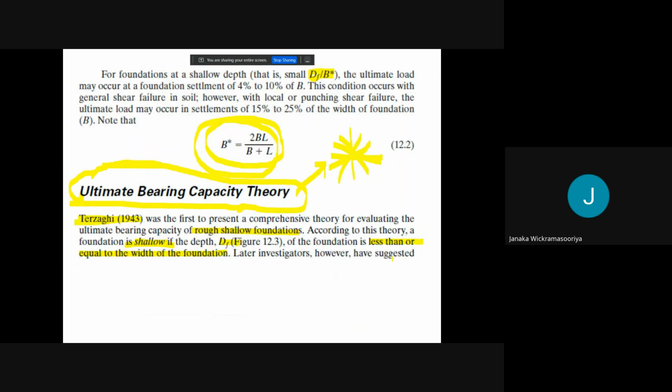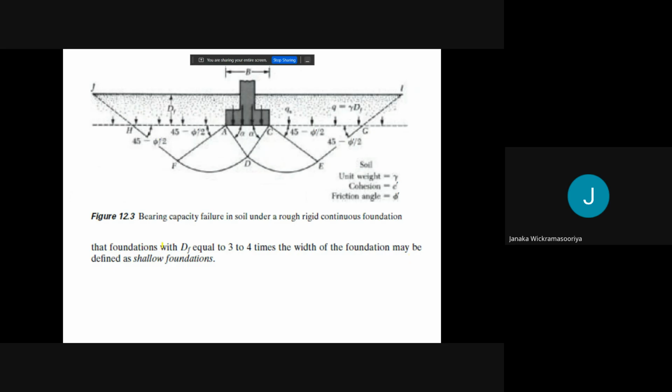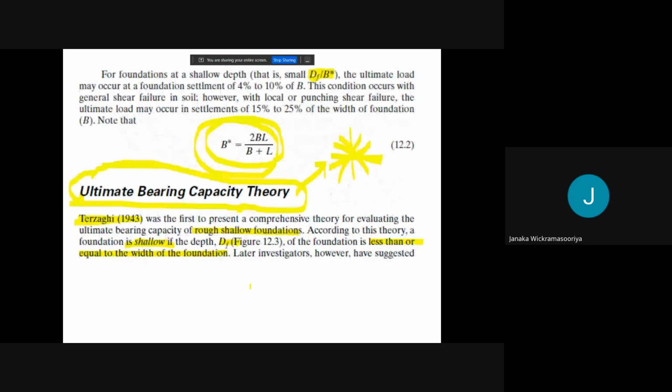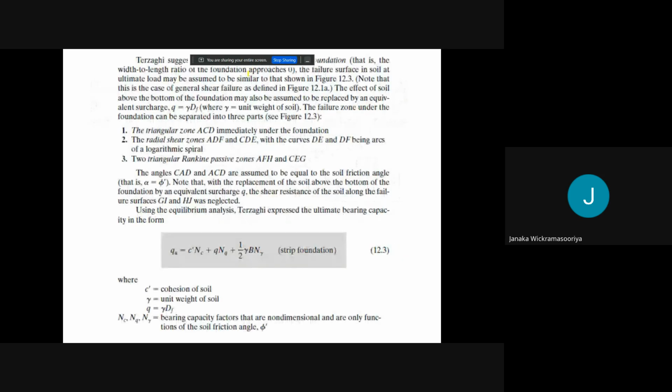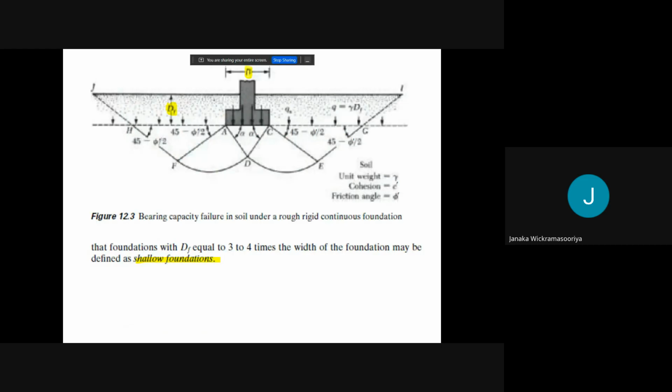Later investigators, however, have suggested that foundations with dF equal to 3 or 4 times the width of the foundation may be defined as shallow foundations. And this shows the dF, depth of foundation, and the width of the foundation. Now we will see what this figure is.